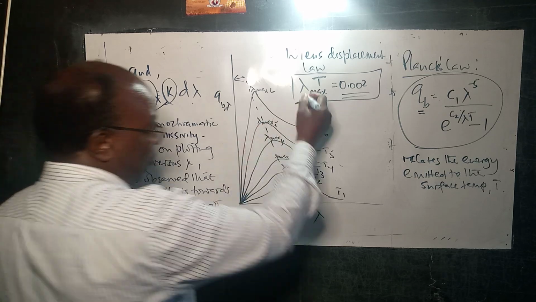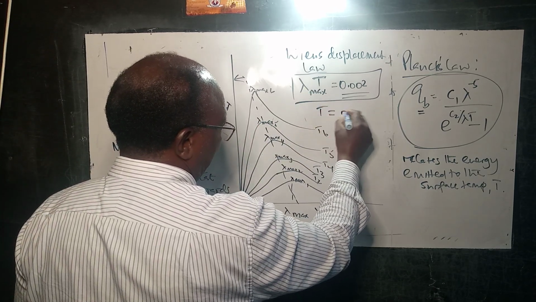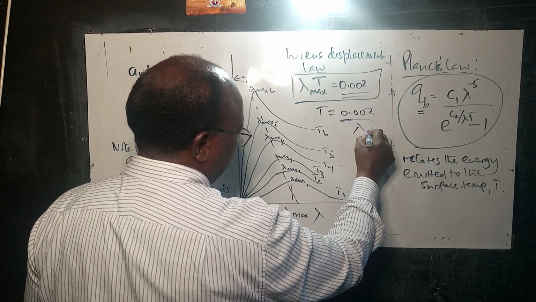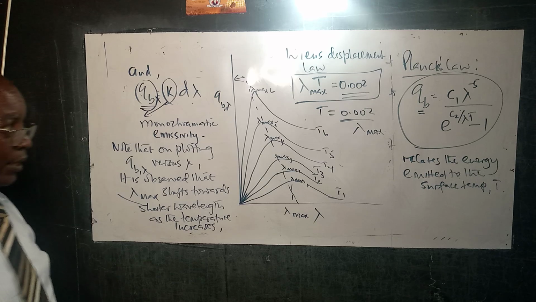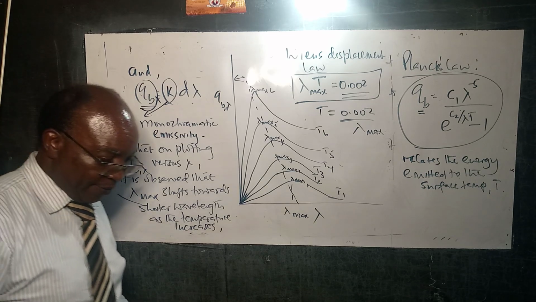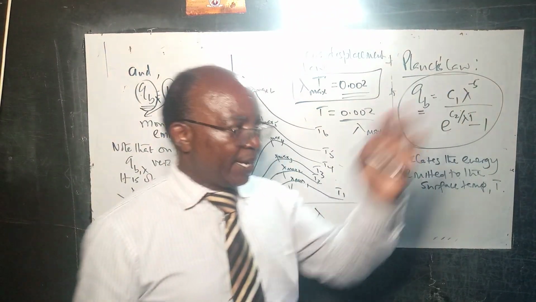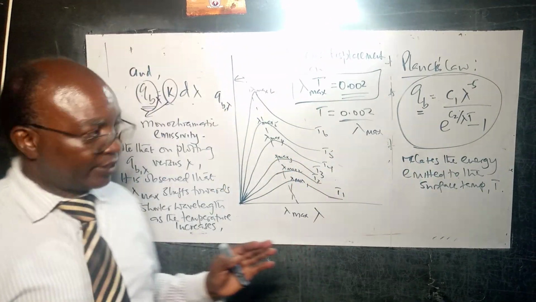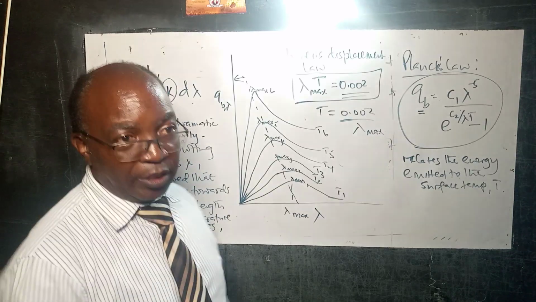In other words, T equals 0.002 over lambda max. So it's very important to note that as you move to higher temperature, the lambda max shifts to shorter wavelengths. So let's stop at this particular point.